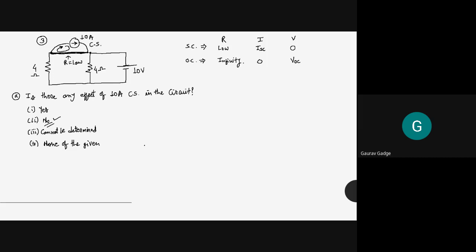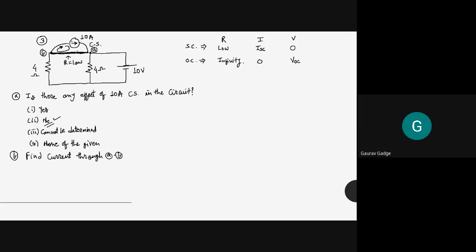Now if I ask you to find the value of current through this path, let us say this is terminal A, this is terminal B. So my second question becomes, find current through AB.